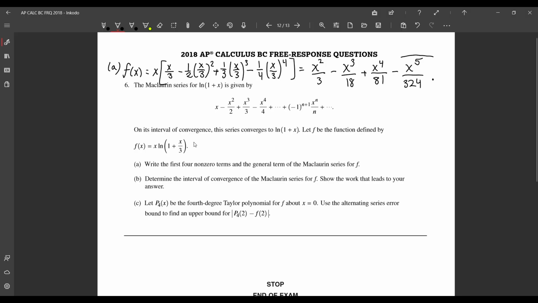So that's good. Well, I shouldn't put a period there, but I should put that there are more terms. But those are the 4 terms that they want.